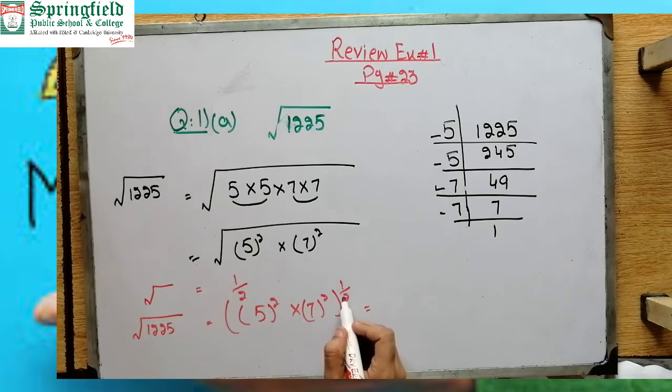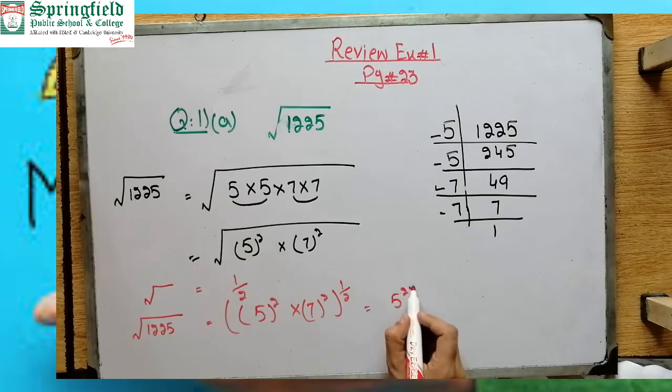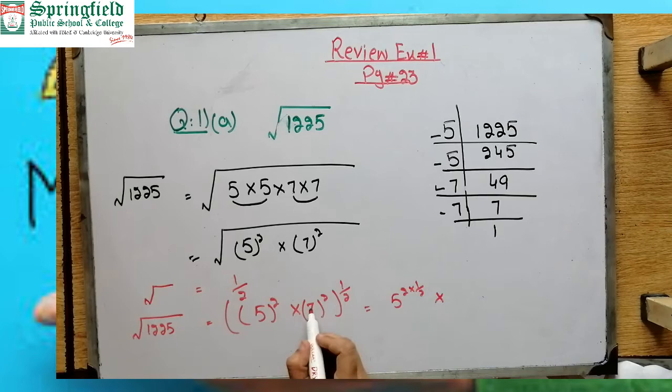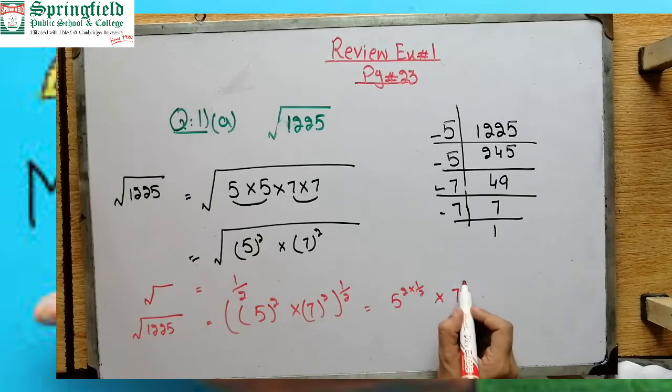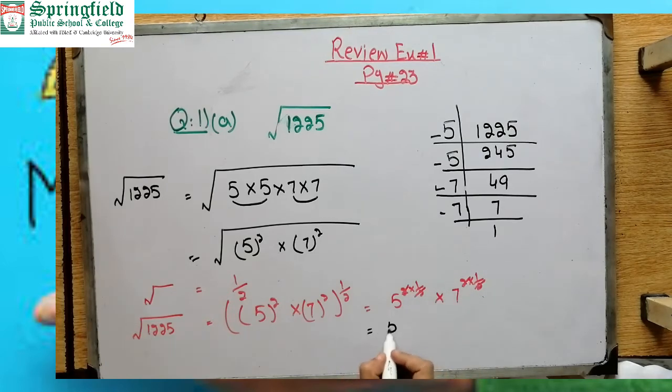It means when we open the bracket, this power applies to each number inside the bracket. 5 square multiply 1 by 2, and then 1 by 2 applies on the 7. The 2 cancels with the 2, and the 2 cancels with the 2. Just 5 multiply 7, it means 35.